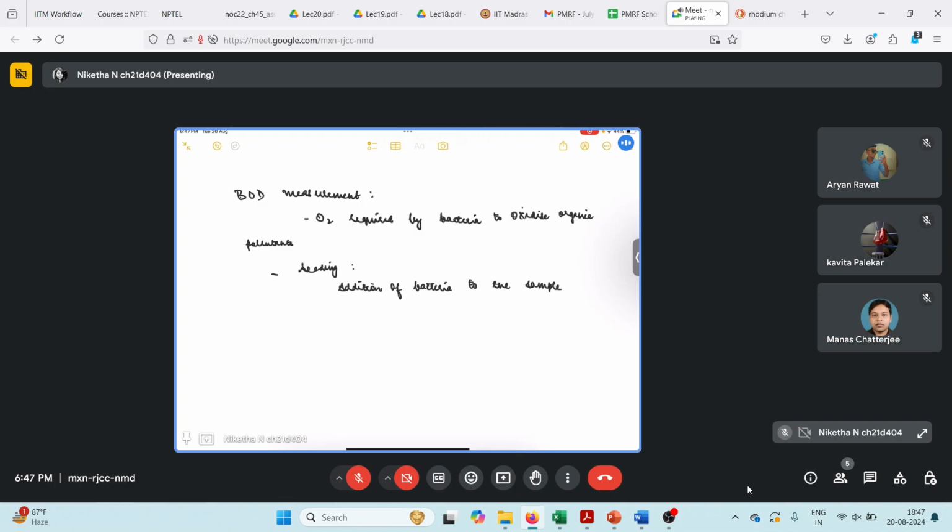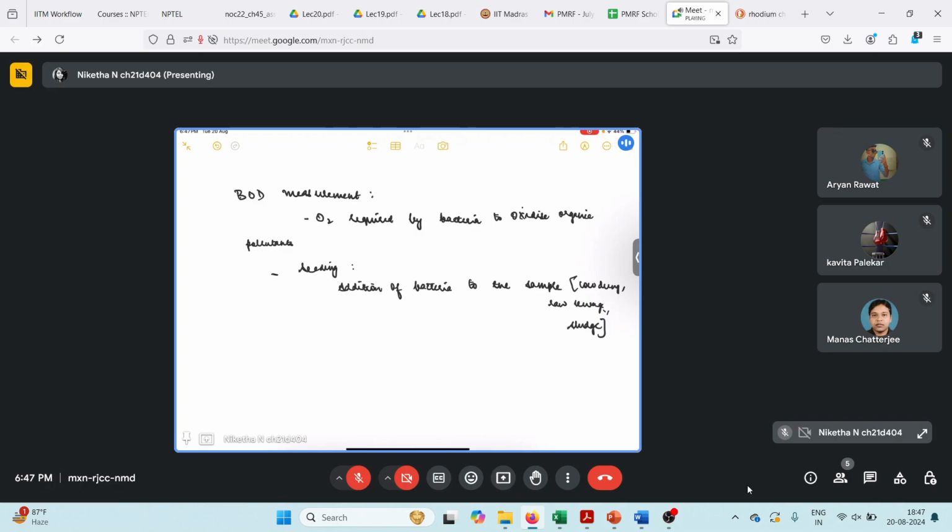And this will be taken using many sources like cow dung or raw sewage or even sludge.